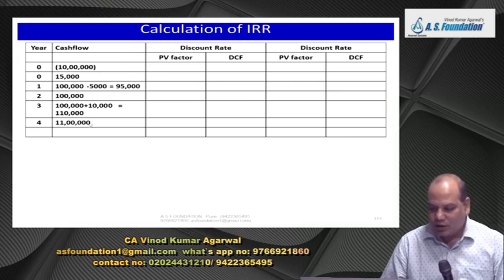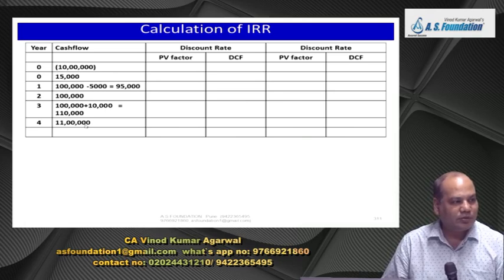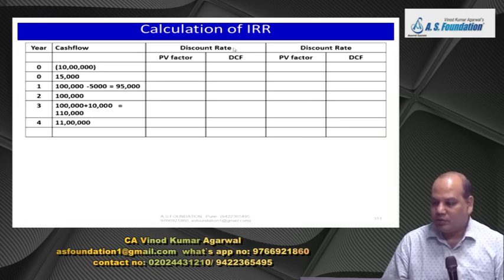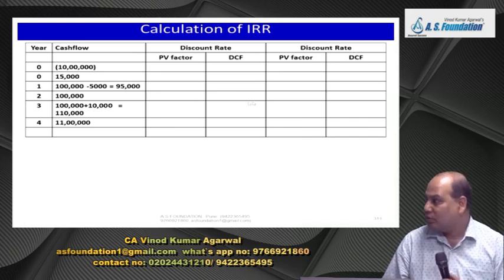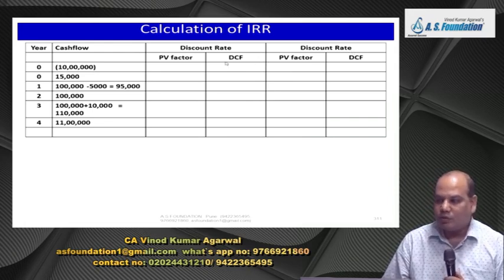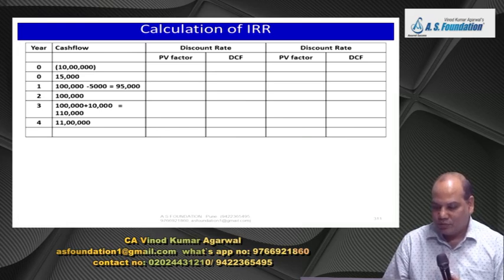Otherwise, all interest and repayment is only there. So what I'll do, I'll start with 10%. And in case I get a positive net present value here, I will increase it by few percentage. Or if I get negative NPV here, then I will decrease by few percentage. No problem? Yes or no? Yes.